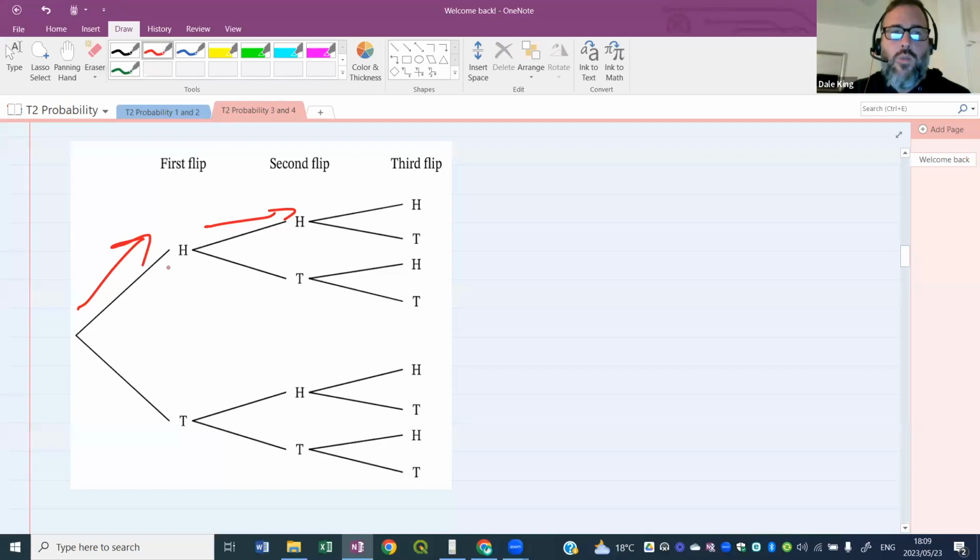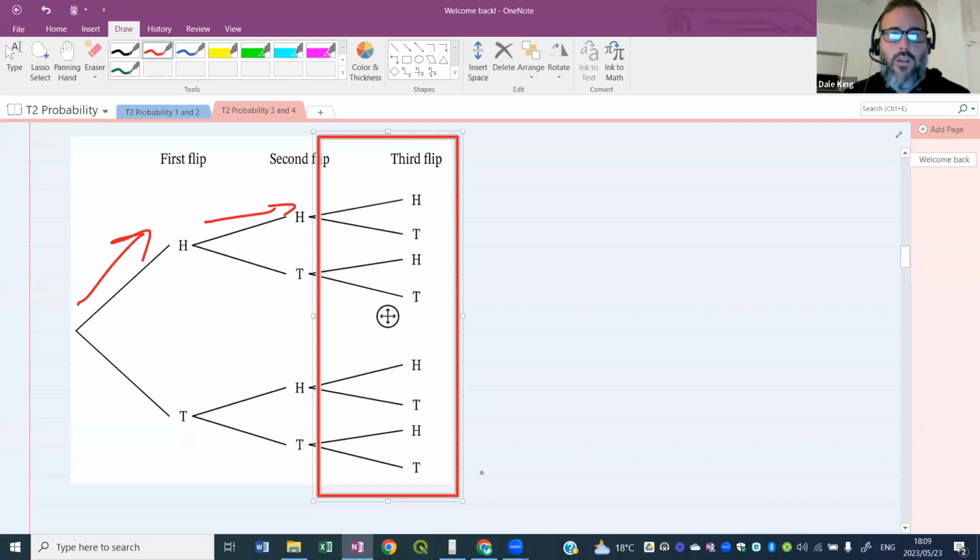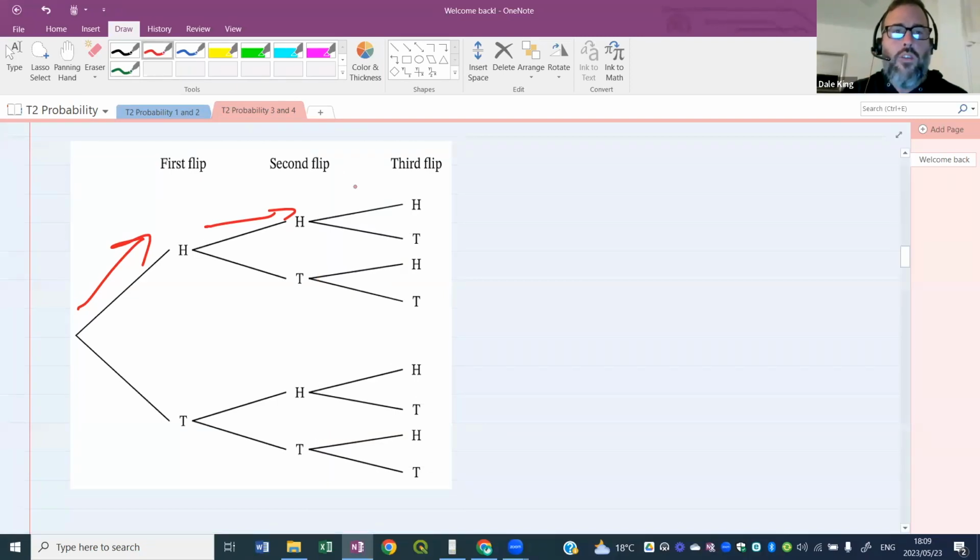So we get heads for the first coin flip. Flip the coin again, we look at it, heads again, and then we're going to flip the coin a third time, which is now this part of the tree. That's the third coin flip. And when we flip the coin the third time, I'll go through it one more time. We flip it at first, we get heads, we flip it again, we see heads again. Now we're going to flip the coin a third time, and again, we have 2 possibilities, and one of them could be heads.